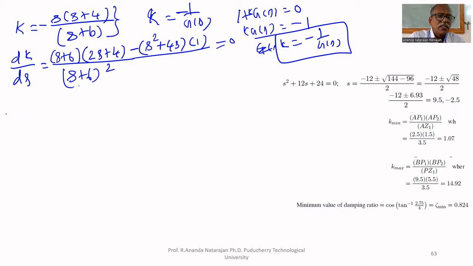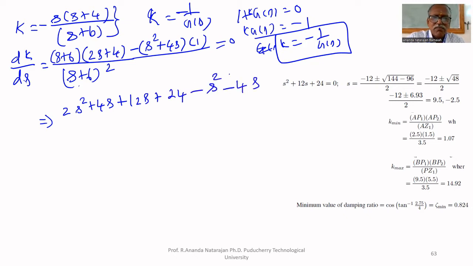Therefore, this implies 2s square plus 4s plus 12s plus 24 minus s square minus 4s equal to 0, or s square plus 12s plus 24 equal to 0. Find the roots.